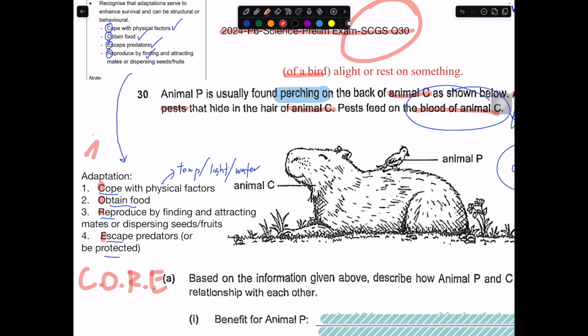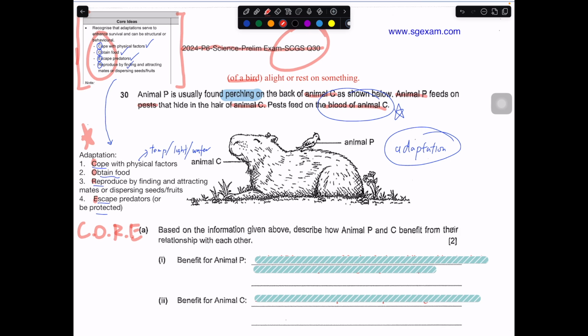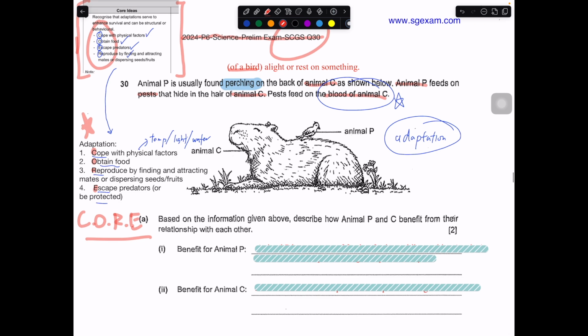This is not new, it is actually obtained from the MOE Primary Science document. Most of the questions, or I would say all of the adaptation questions, will revolve around these few key elements. So when you're in doubt, you're not sure how to answer, always remember CORE. Which factor is the animal trying to adapt to when it's exhibiting a certain behavior or having a certain body part? So we go back to our structural or behavioral adaptation.